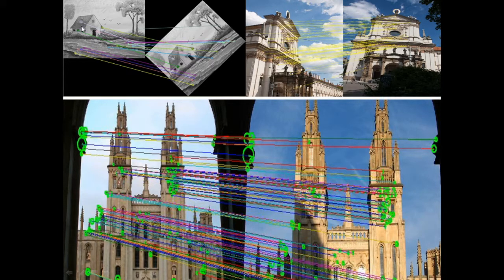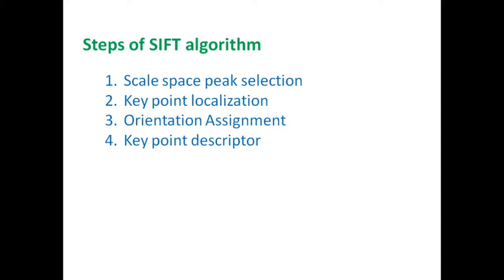If it is finding the stable points, then obviously the features will be developed, and these features are not going to change with the object pose, scaling, illumination condition, blurring or any noise. This is the main advantage of the SIFT algorithm.